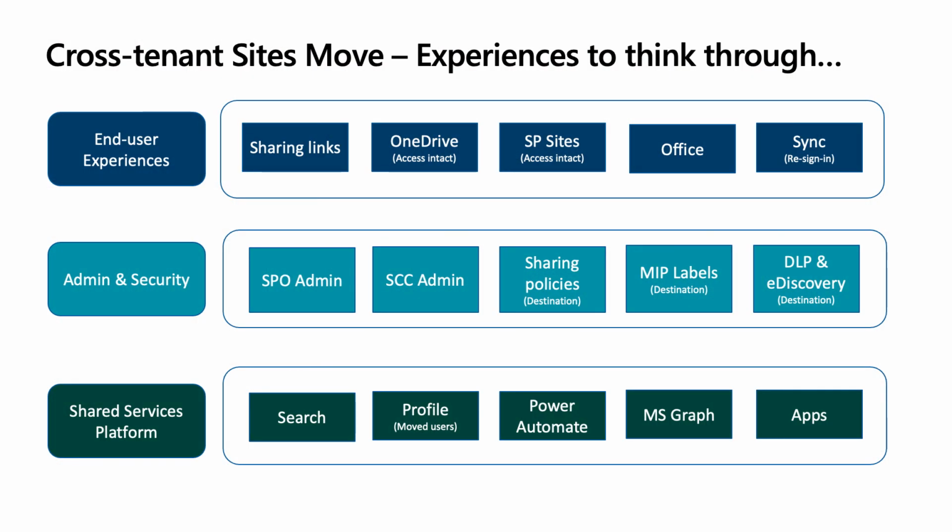Next up, SharePoint has shared services platforms such as search, profile, taxonomy, and so on. The users in the destination can now start to search for the content that got moved over. And also, these moved users will get profiles in the destination tenant as well.